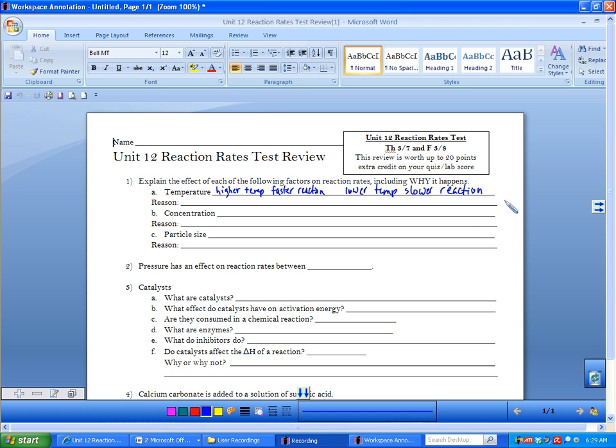Remember your notes that talked about the orientation of the particles had to be oriented correctly, and they had to have enough energy collisions. Okay, so if that's true, if I increase the temp, that causes an increase in the kinetic energy of the particles.